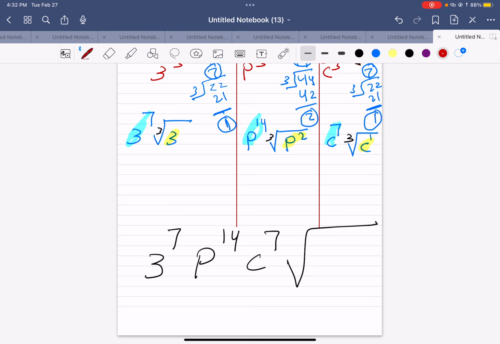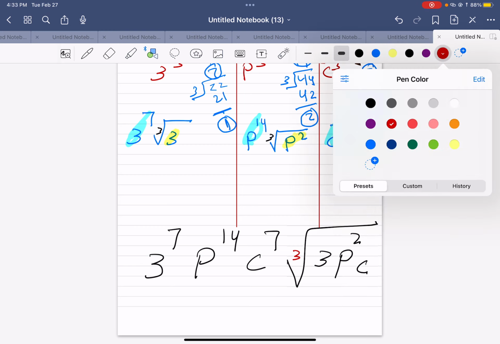Forgetting the degree is extremely important. Of 3, P squared and C. And this is going to be my final answer.